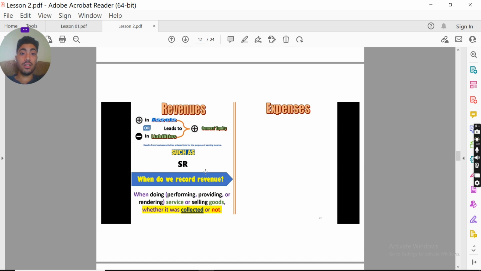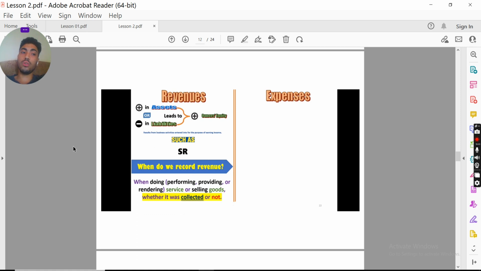If you provided that service, or sold that item, you should write it in the financial statement, whether or not you took the money. When performing, providing, or rendering service or selling goods, whether it was collected or not, you should record it.